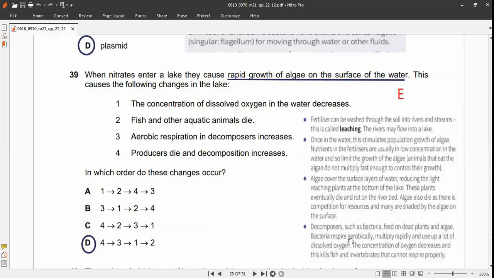Bacteria respire aerobically and multiply rapidly and use up a lot of dissolved oxygen. So the concentration of dissolved oxygen in the water decreases. Finally, what happened? The concentration of oxygen decreases, and this kills fish and invertebrates that cannot respire properly. So the last one, fish and other aquatic animals also die.